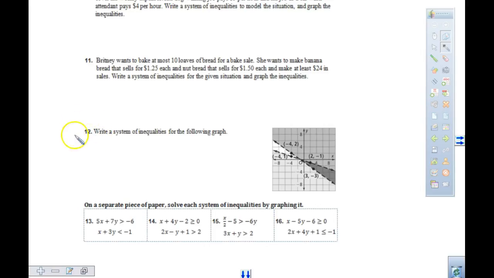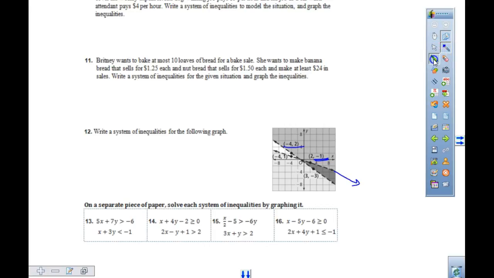So. Question 12. It is not as simple as the ones in our notes, right? Because we know that, if we look at this shaded line, this line has the points -4, 2, and 2, -1.